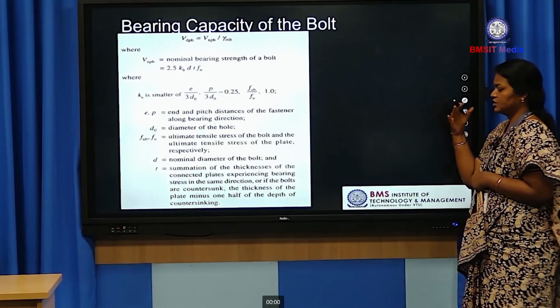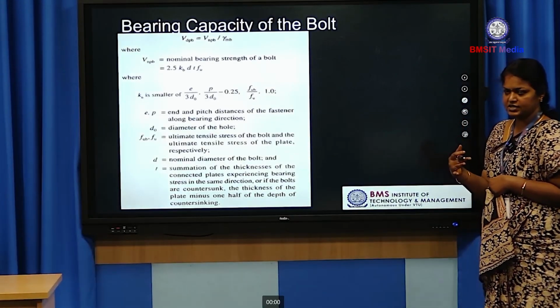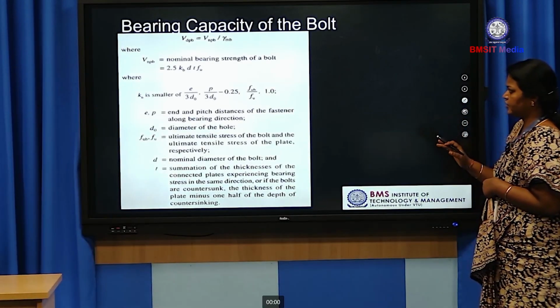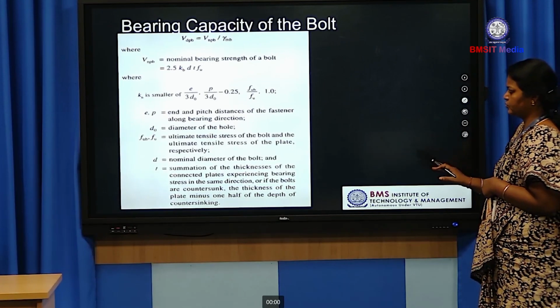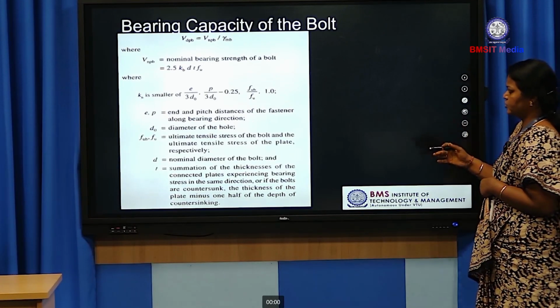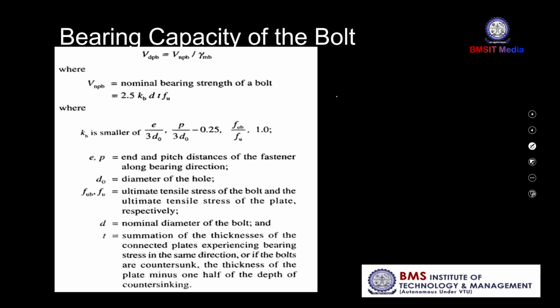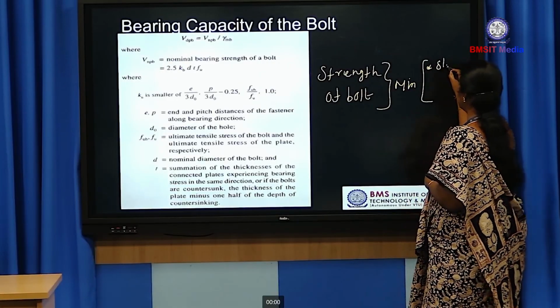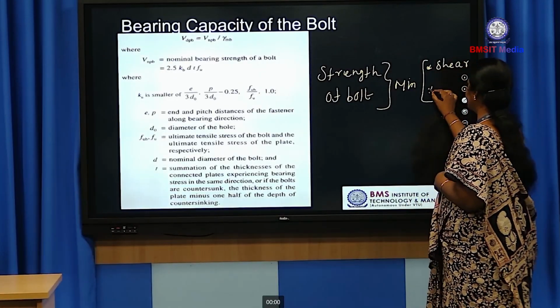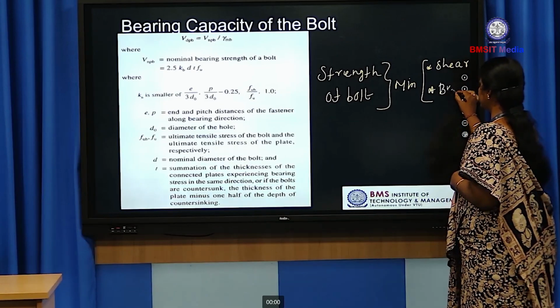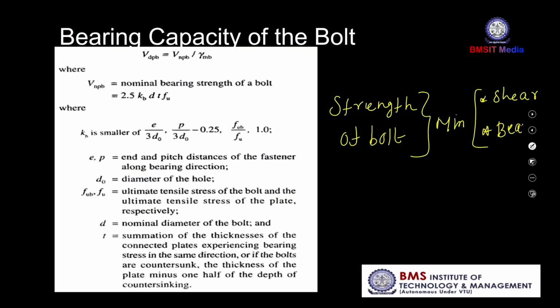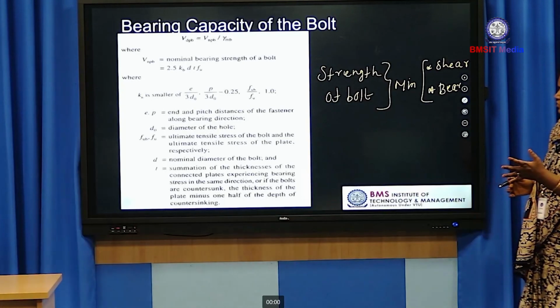I told you the bolt is subjected to shear as well as bearing failure. So, first we have to find out the shear capacity of the bolt, another one is the bearing capacity of the bolt. Strength of bolt is equal to the minimum value among the shear capacity of the bolt and the bearing capacity of the bolt. So, how will we find out the strength of the bolt?